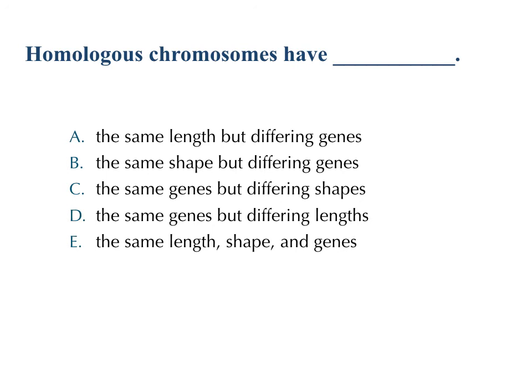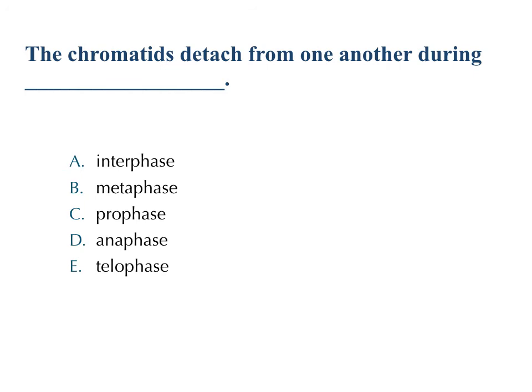Now, in this next question, you need to know how to differentiate homologous chromosomes. Homologous chromosomes have which of the following features regarding length, genes, and shape? Homologous chromosomes have the same length, shape, and genes. Now let's talk about the chromatids. The chromatids detach from one another during which phase?